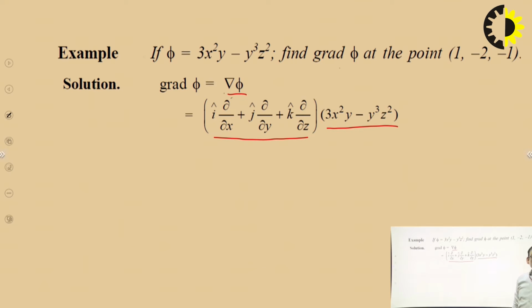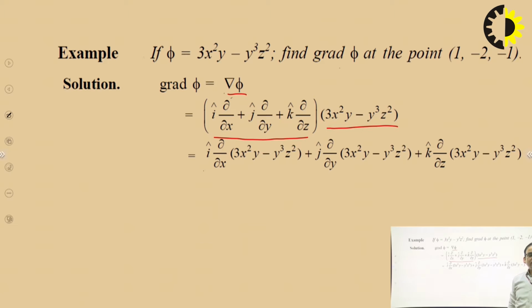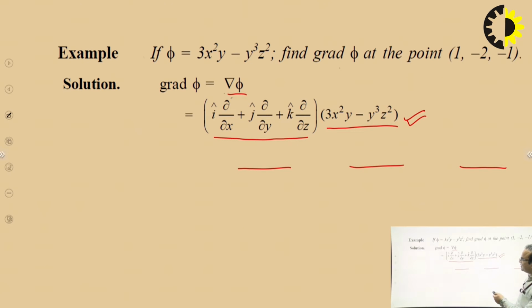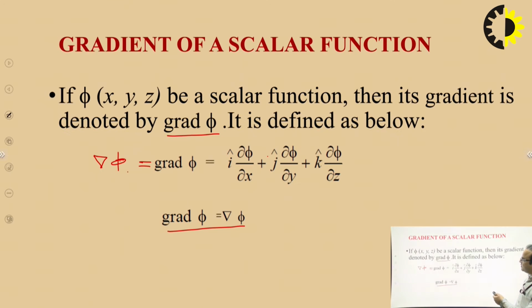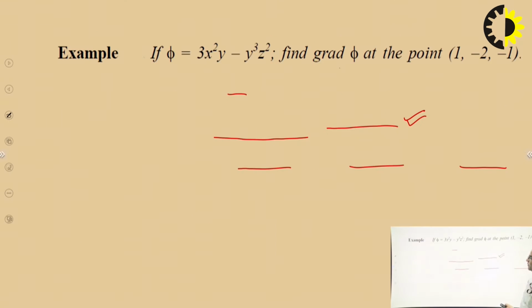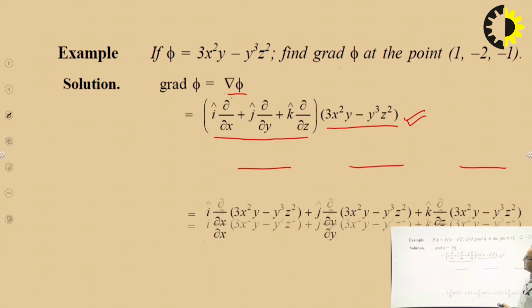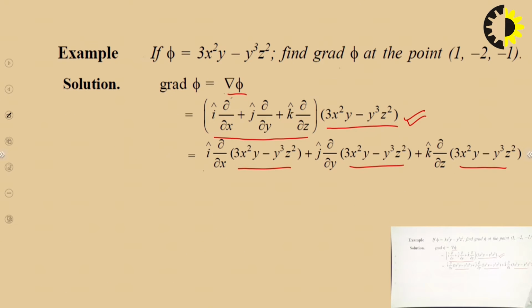So now we have to operate it over the components, and this operator will be distributed over each of the terms. You can see here the del is distributed over each term.